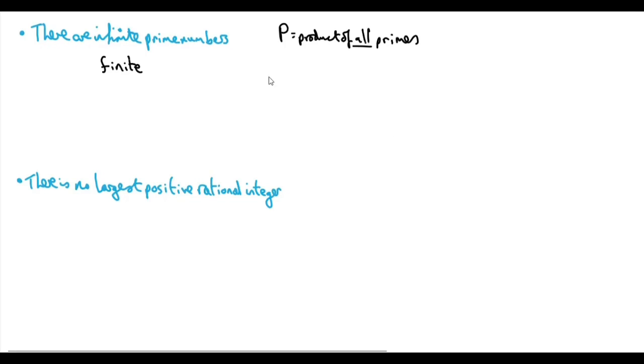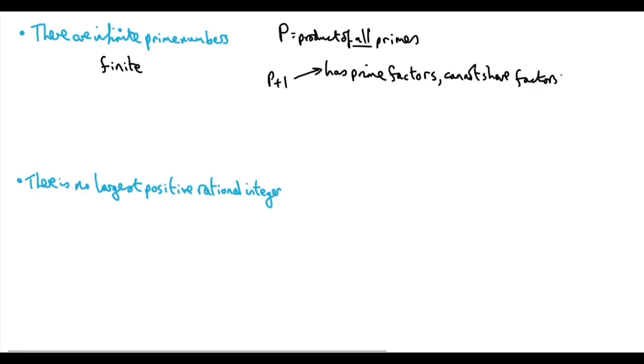What does it mean then if we have P plus 1? Well, there are two options for what P plus 1 could be. Either it has prime factors. That is, we could divide it by some prime numbers. If this has prime factors, these have to be different prime factors to P because they cannot share factors because they're consecutive.